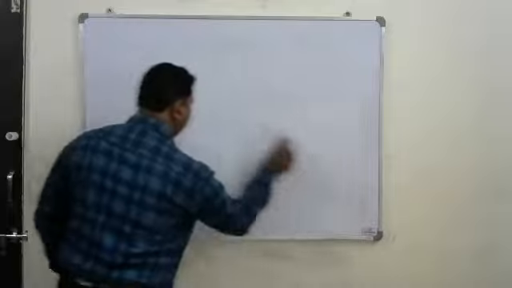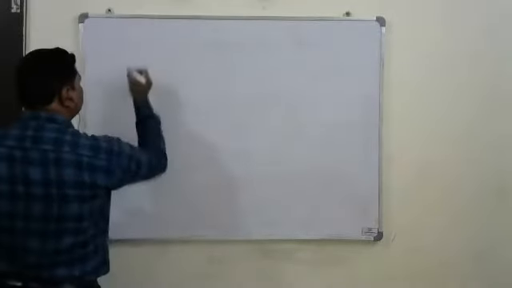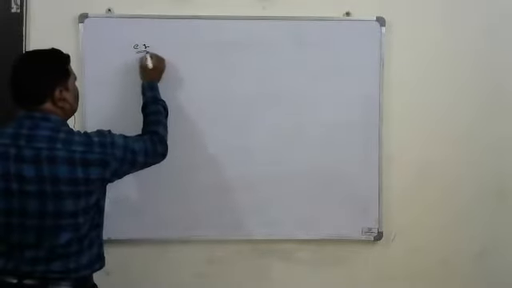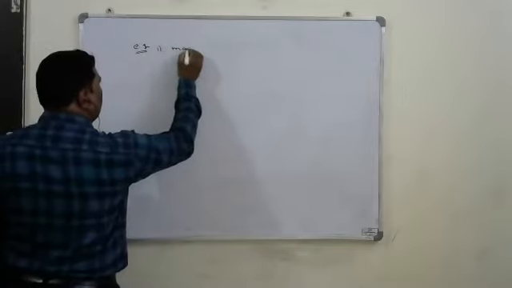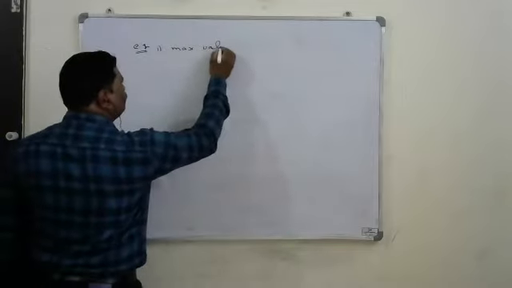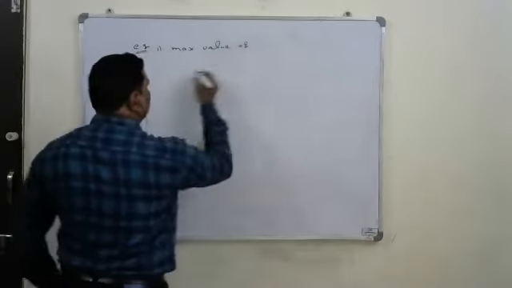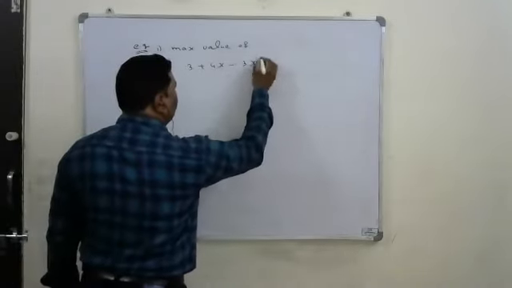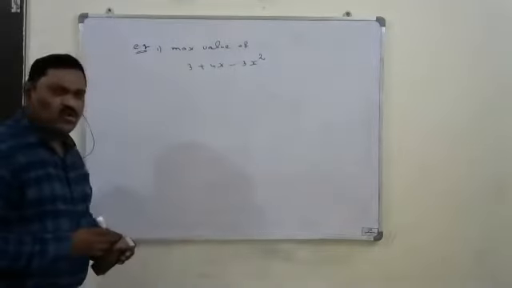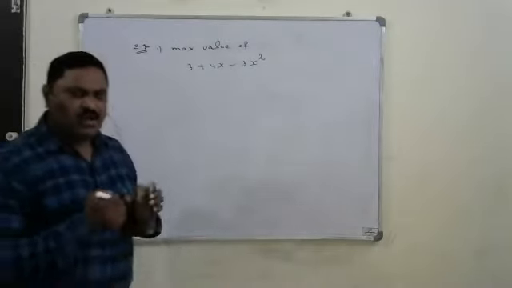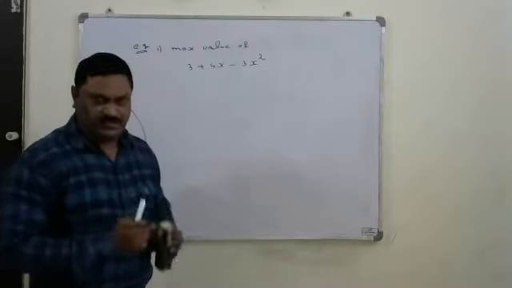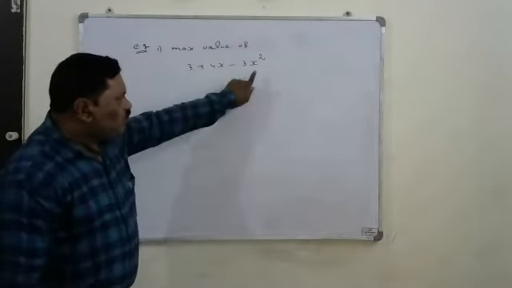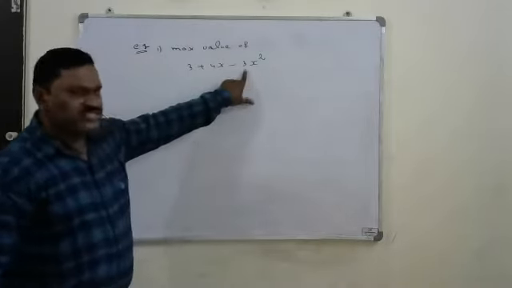Suppose, for example, first one: what is the maximum value of 3 plus 4x minus 3x square? This is a quadratic expression, and I want to find the maximum value of this expression. Here the coefficient of x square has a negative sign, minus 3.